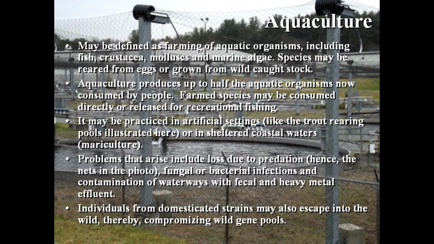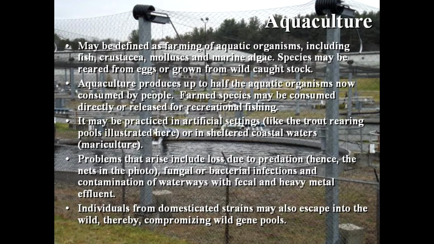In Asia, things like marine algae are raised using aquacultural techniques. So there's quite a number of different kinds of species that can be raised and harvested in this aquaculture kind of a setting.